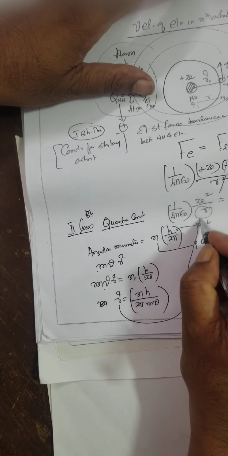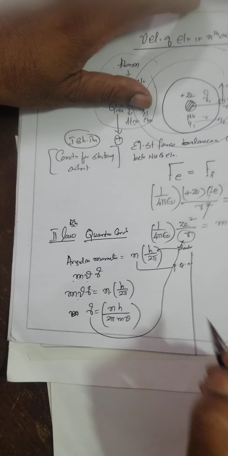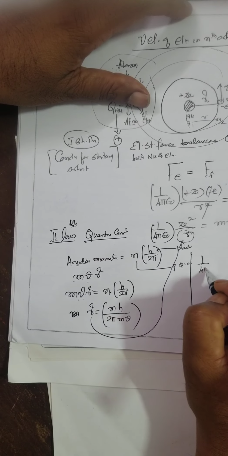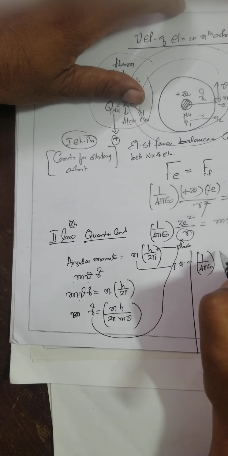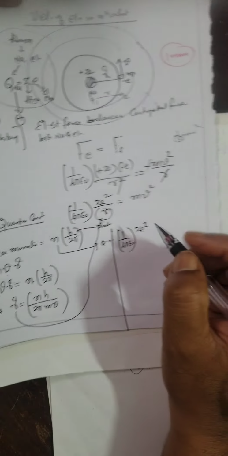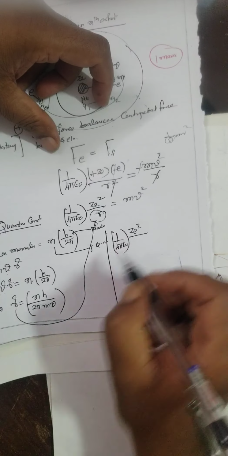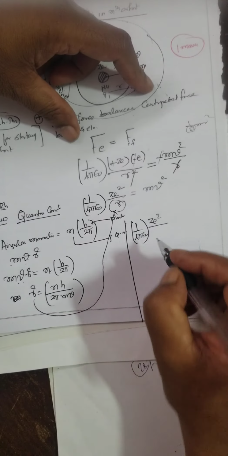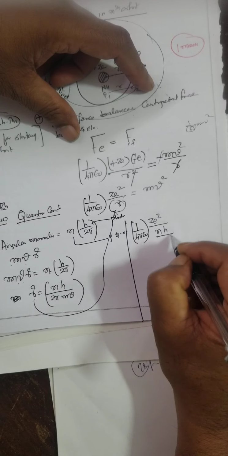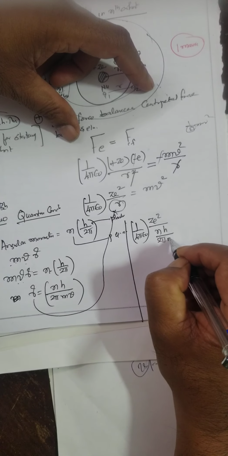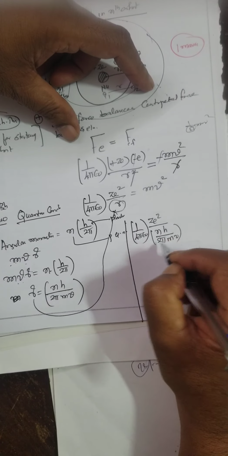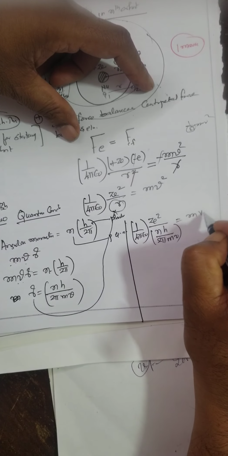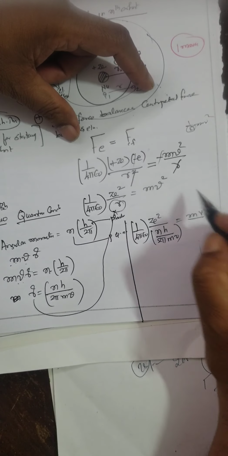This r I will substitute here, because 1 by 4 pi epsilon naught Ze square by r. r is nh by 2 pi mv, is equal to mv square.